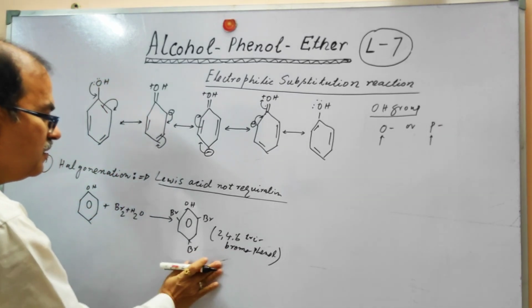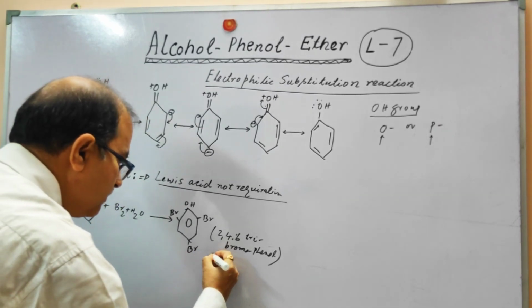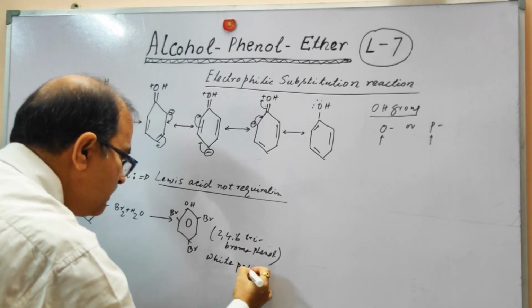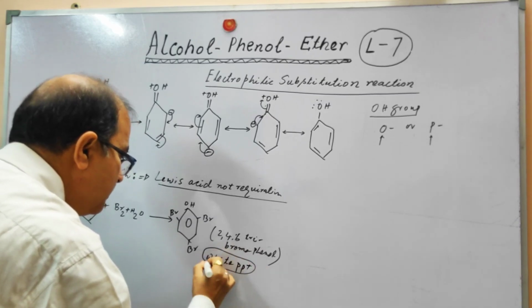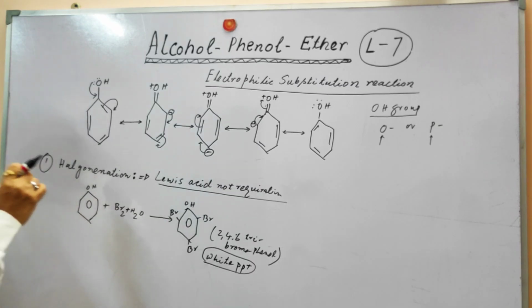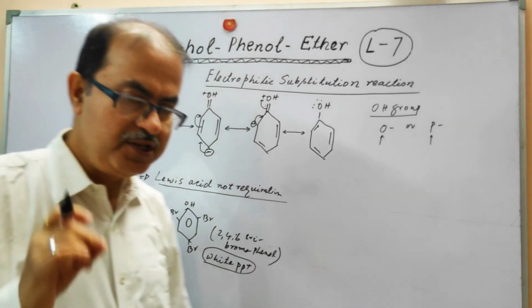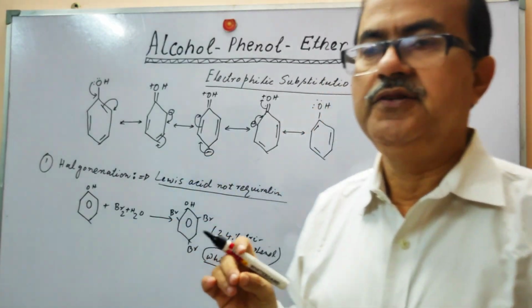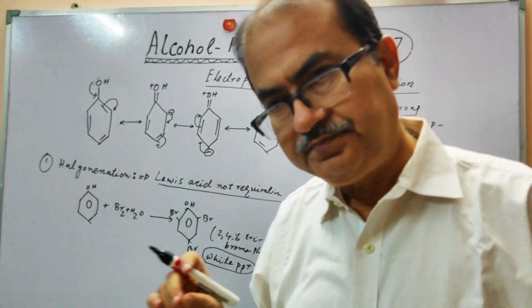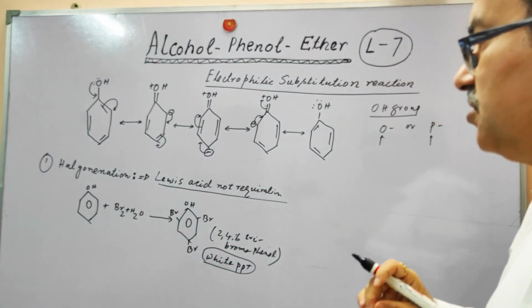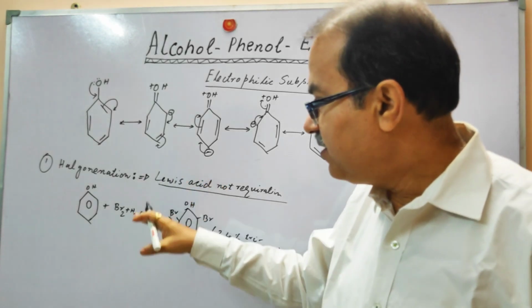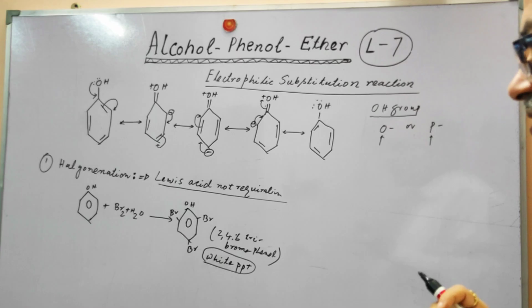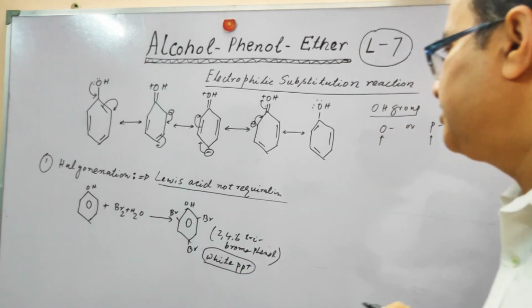You can observe the white precipitate, and it is one of the identifying tests for the phenolic OH group. This reaction is not shown by alcohols. So in the case of bromine water, it produces 2,4,6-tribromophenol with a white precipitate.